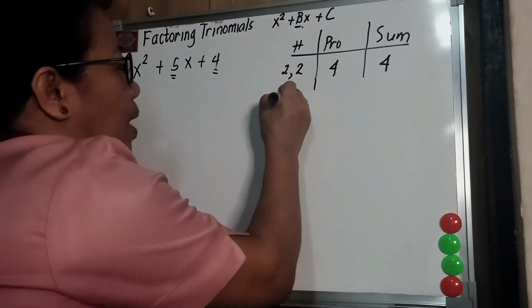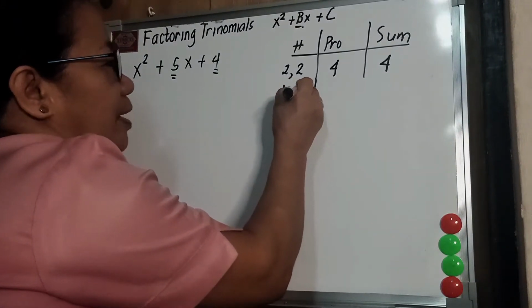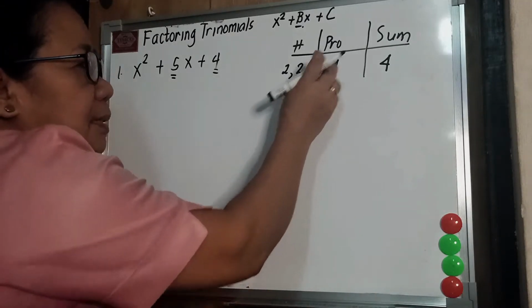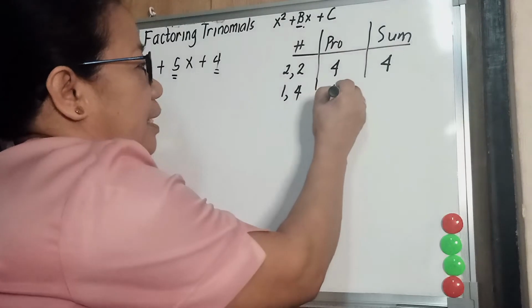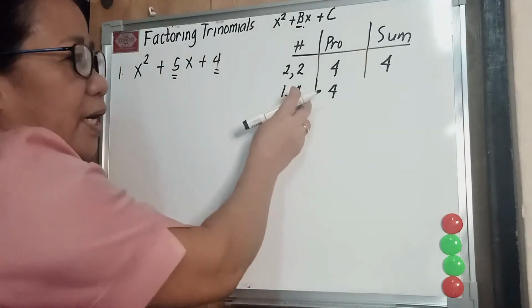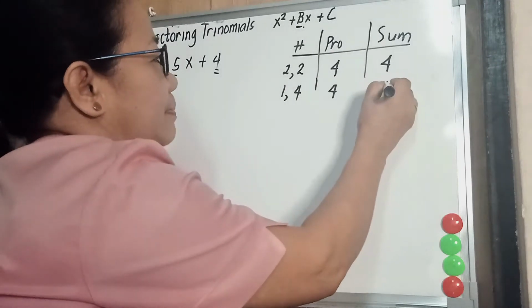Let us have 1 and 4. Let us multiply 1 and 4. The product is 4. What is the sum of 1 and 4? It is 5.